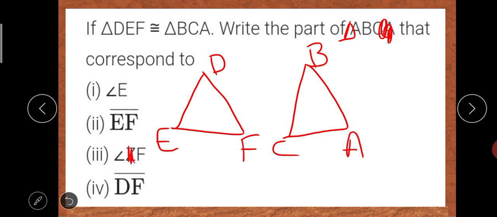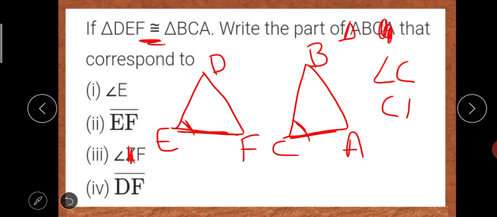Now they have told us that they are congruent, which means their measurements, their line segments, everything is the same. So angle E is equal to which one here? Angle C. So angle C, first answer. Line segment EF, this line, is congruent to which side? CA.